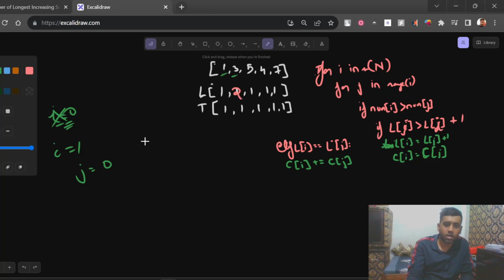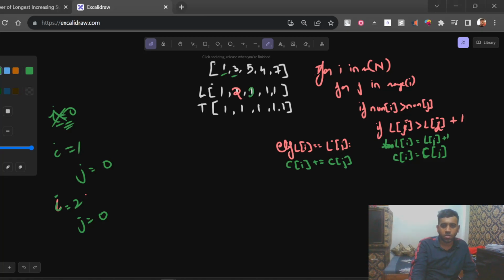Now when i equals 2 and j equals 0, what changes will happen? It will remain the same, but when we compare this with this, it will become 2, because 5 is greater than 1.